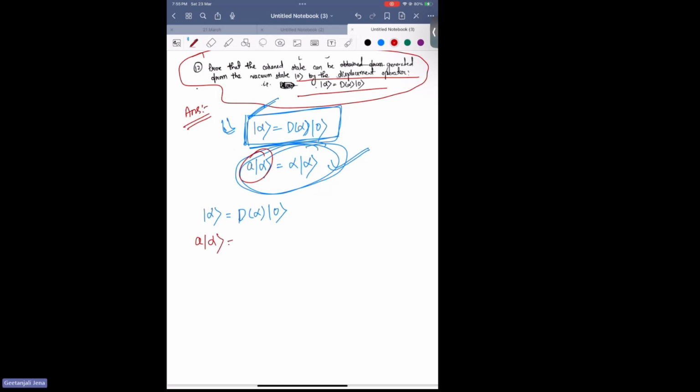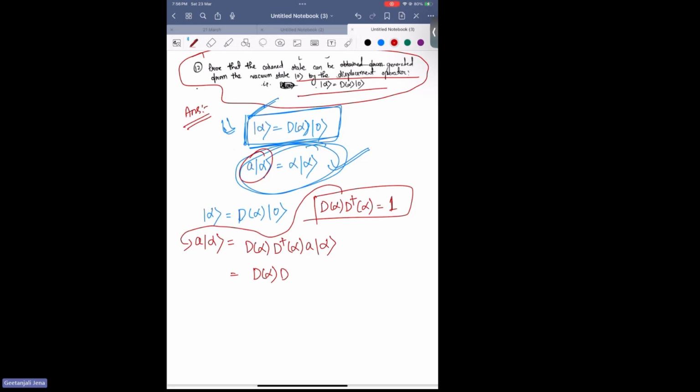You know that the displacement operator is a unitary operator. That means D(alpha) D dagger(alpha) is 1. So you just have to put this equation here. So let us check D(alpha) D dagger(alpha). Remember these facts. These are useful to solve the question quickly.